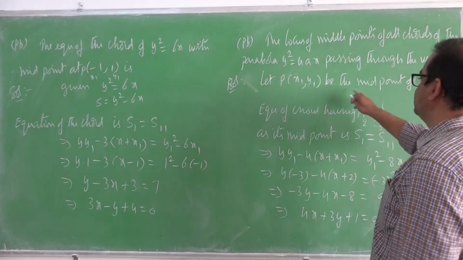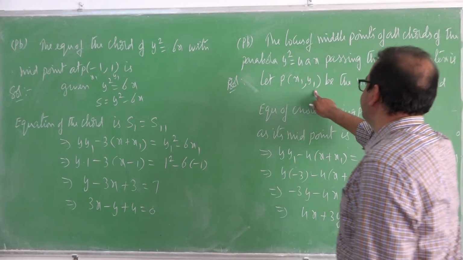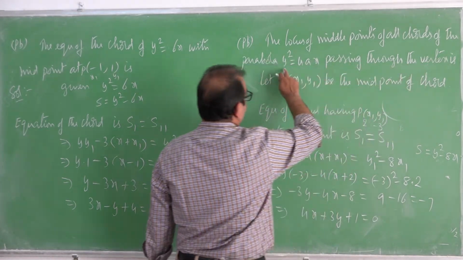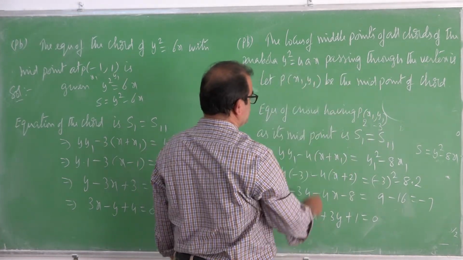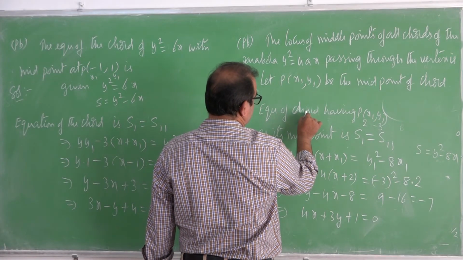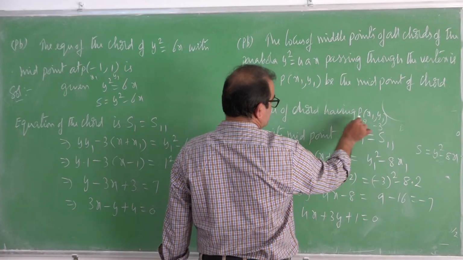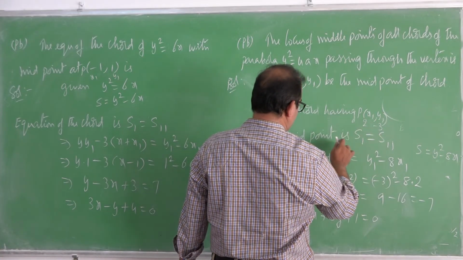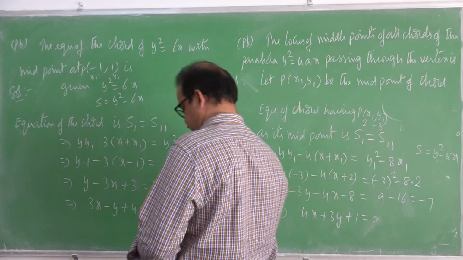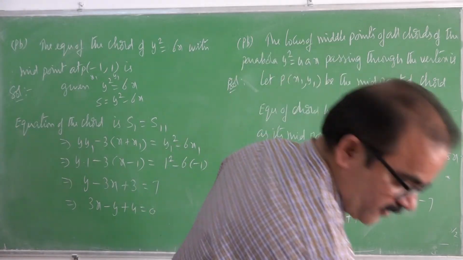We find the locus of this point P, where the chord passes through the vertex of the parabola y square is equal to 4ax. If P(x1, y1) is the midpoint of the chord, then what is the equation of the chord having P(x1, y1) as midpoint? S1 is equal to S11. Write that formula.